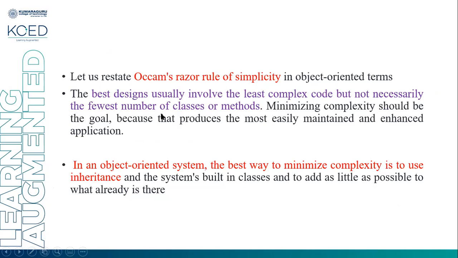Minimizing the complexity should be the goal, because that produces the most easily maintained and enhanced application. In object-oriented design, the best way to minimize the complexity is to use inheritance and the system's built-in classes, and to add as little as possible to what is already there.